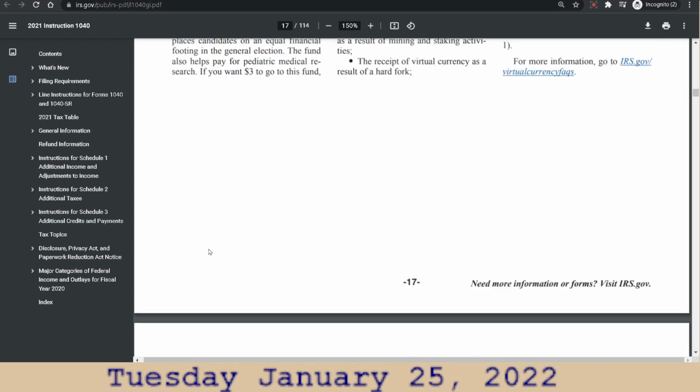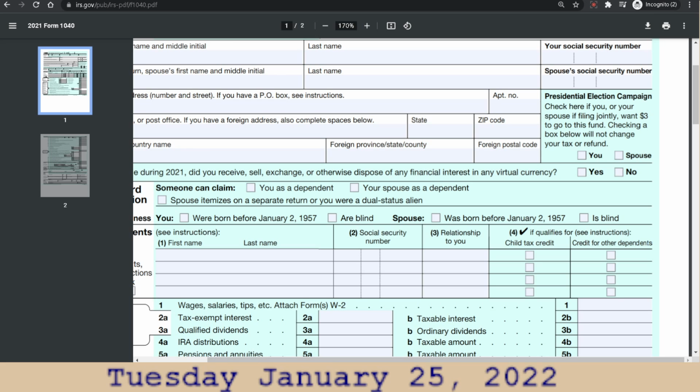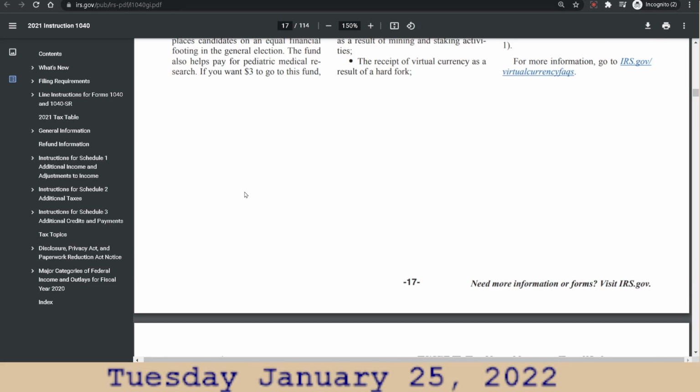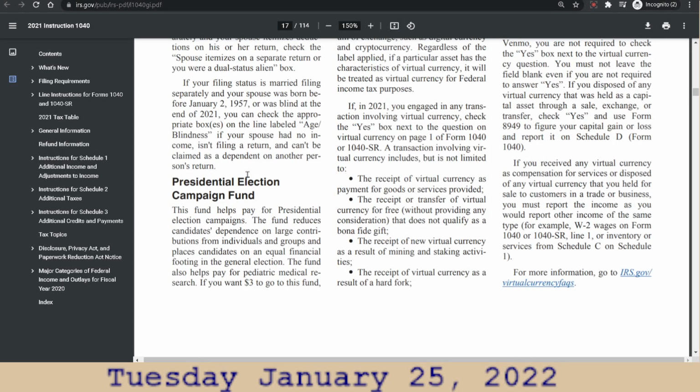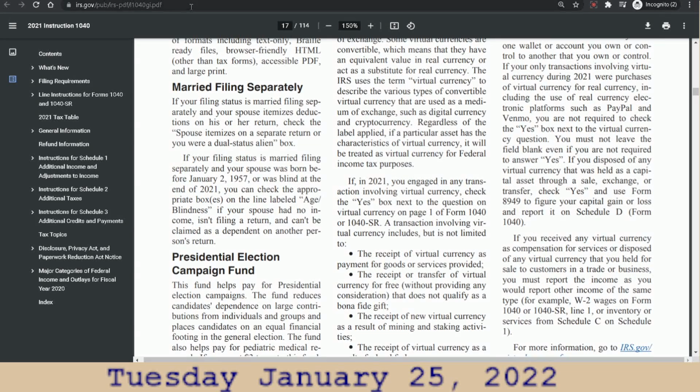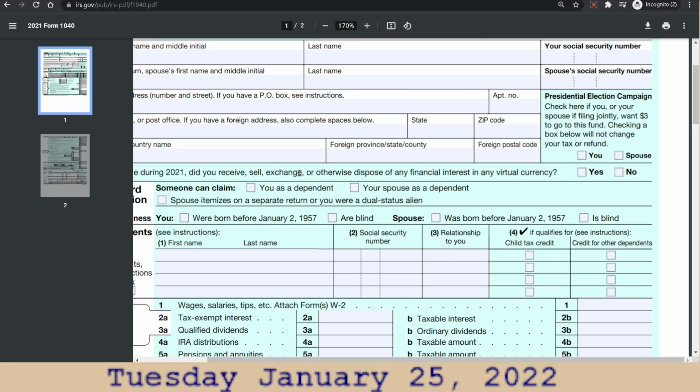Okay. So then, I already read the section about virtual currency. So apparently, you know, they have this section up here, which is out of order as to what's on the page. That section relates to this.